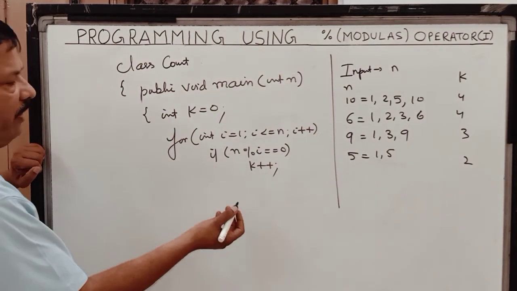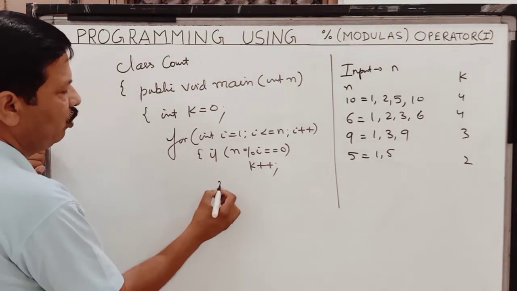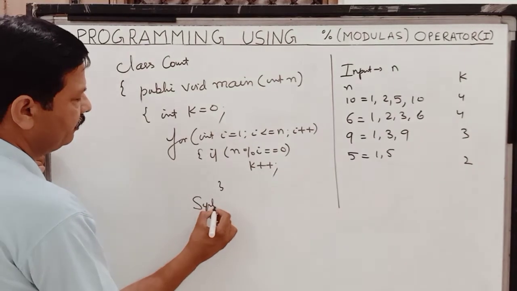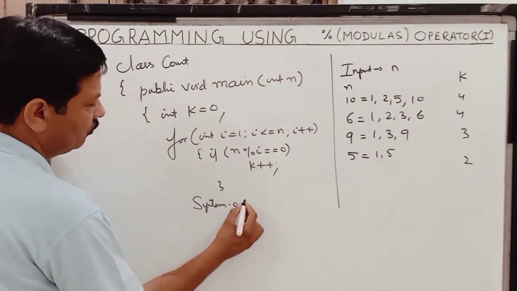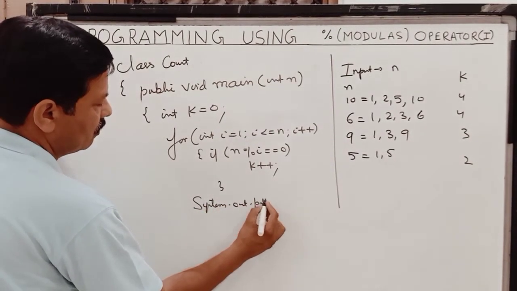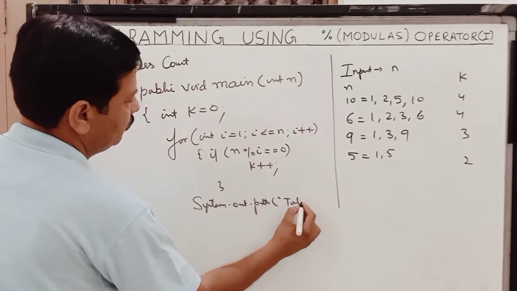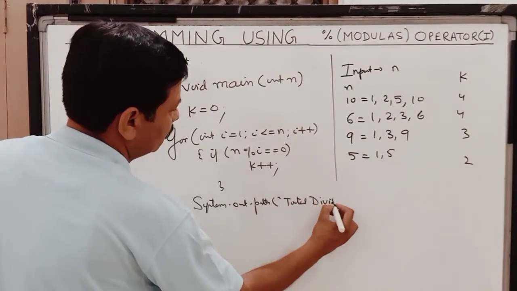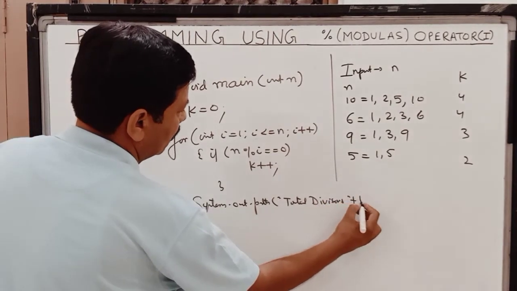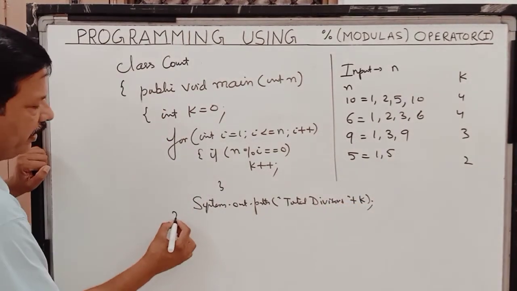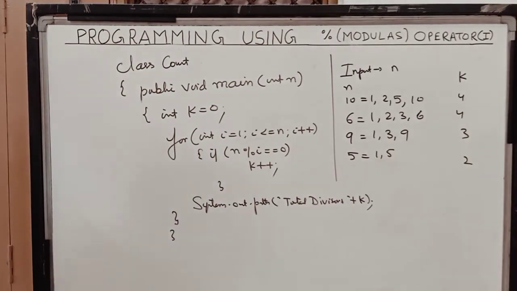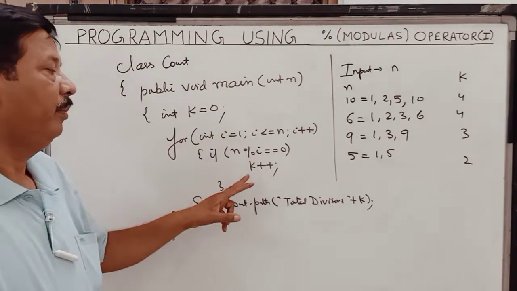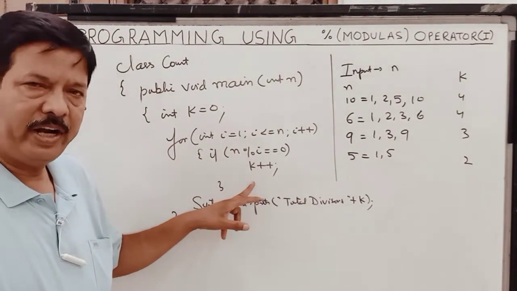Once this loop gets over, I will print total divisors. How many are the total divisors? K. So in this program, children, in place of printing the factors, I have counted my factors.